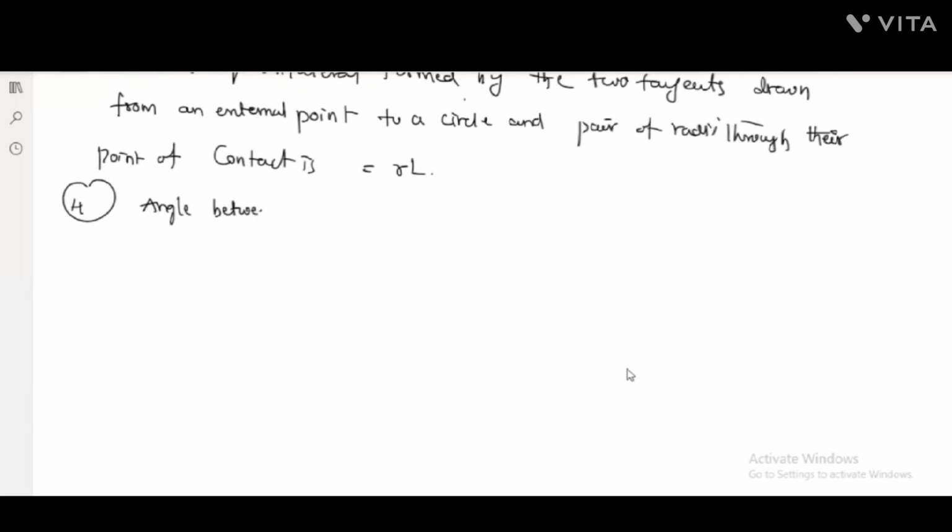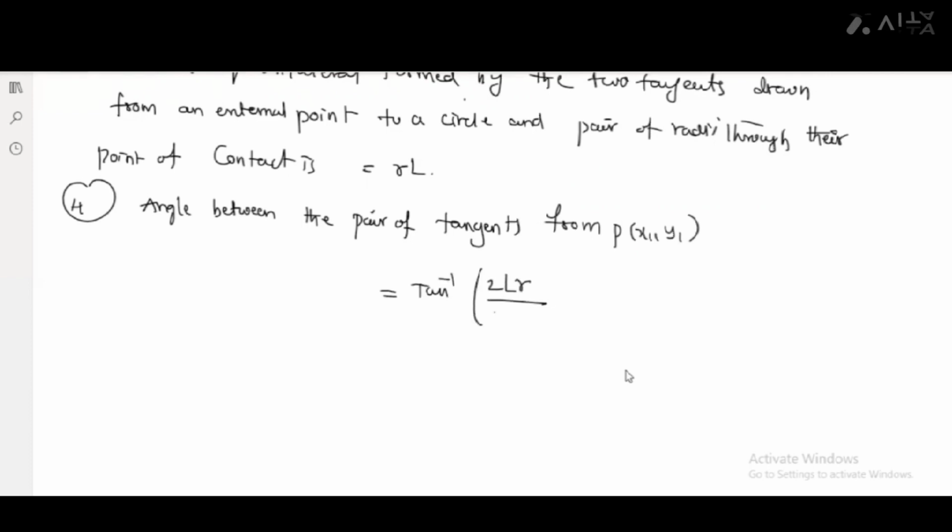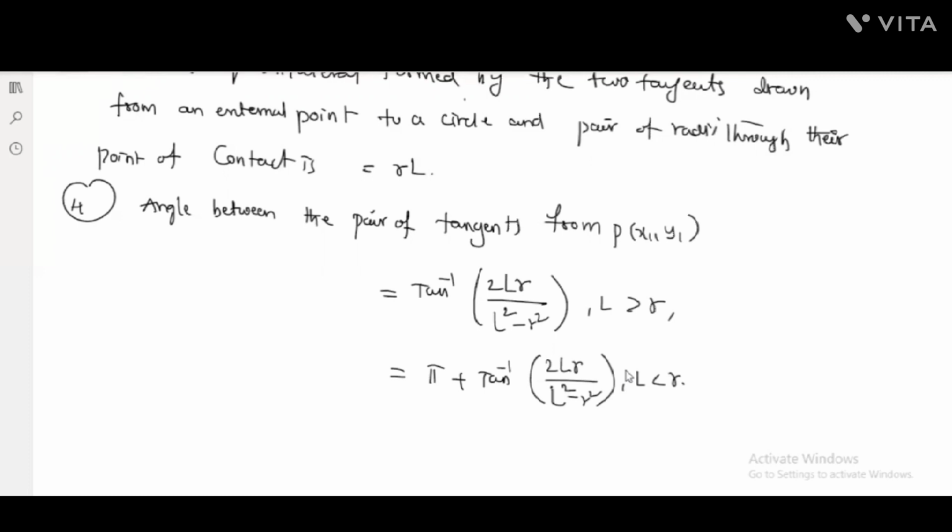The angle between the pair of tangents from P(x1, y1) is tan inverse of 2LR by L square minus R square when L is greater than R, and pi plus tan inverse of 2LR by L square minus R square when L is less than R. So this is the fourth point.